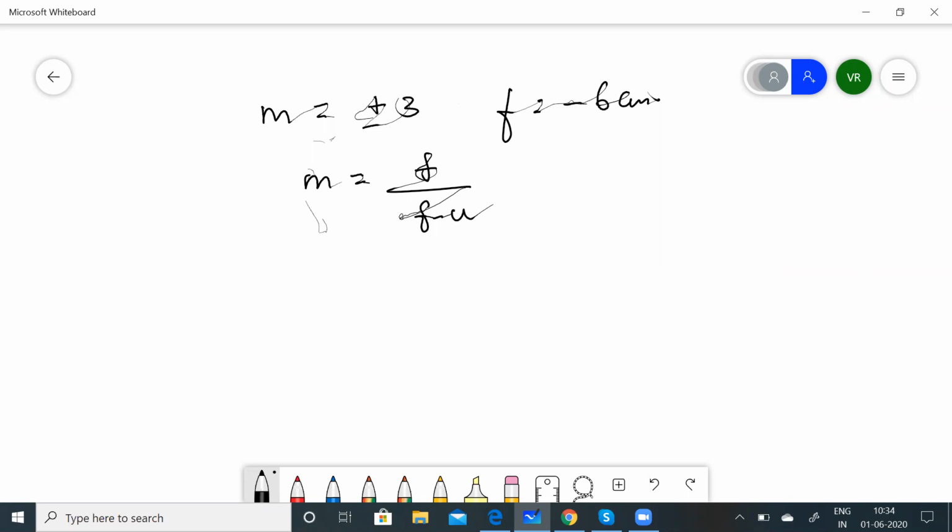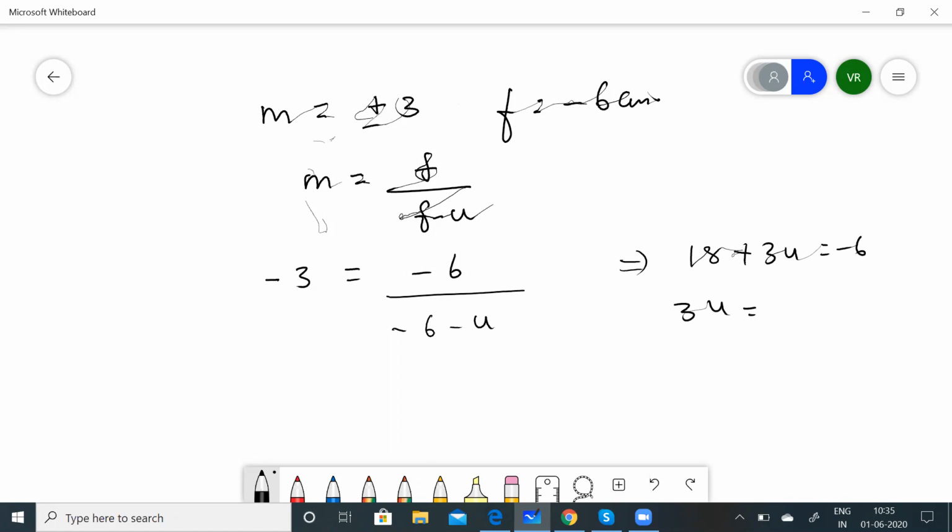Now let us consider minus 3 for the real image. So that gives you minus 6 by minus 6 minus u. When you simplify, cross multiply that, that gives you minus 18 plus 3u is equal to minus 6, or 3u is equal to minus 24, or u is equal to minus 8 centimeters.